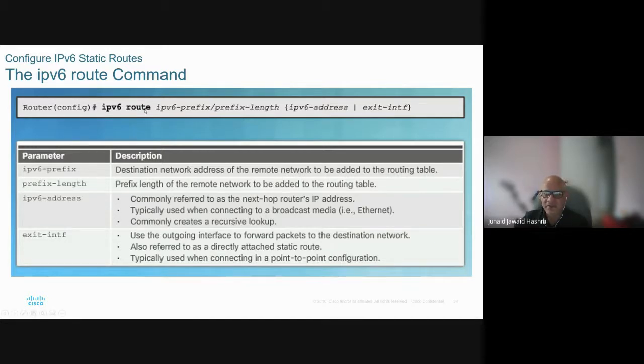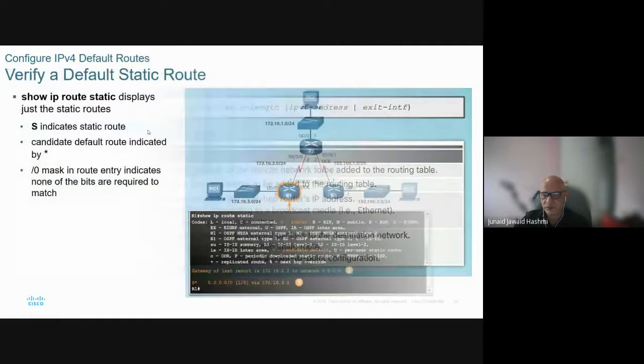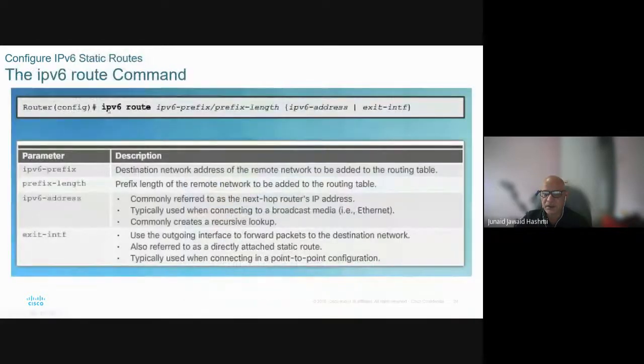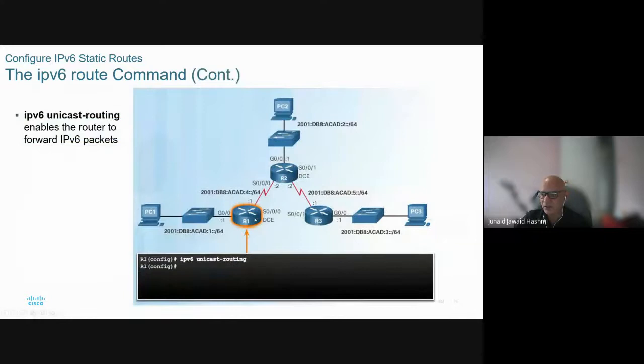So the command is, instead of ip route, IPv6 route, and then the network ID that is not connected and how to get there, either the IPv6 address of the next hop or the exit interface. Same thing, nothing different. So here is the same network, but instead of using IP version 4, it's using IP version 6.